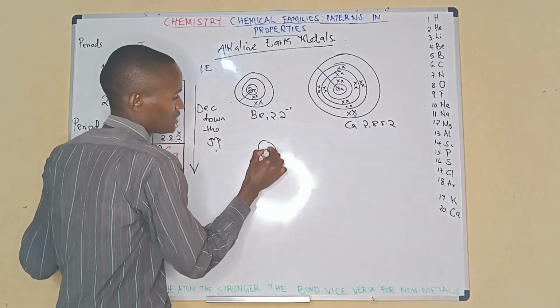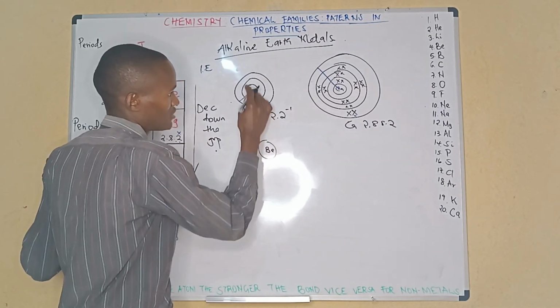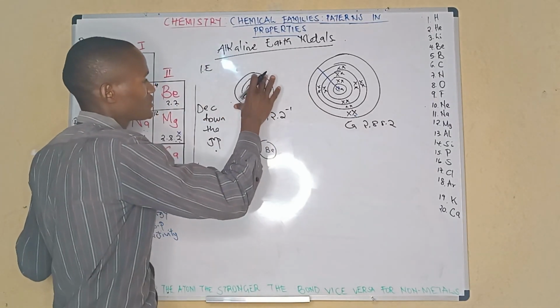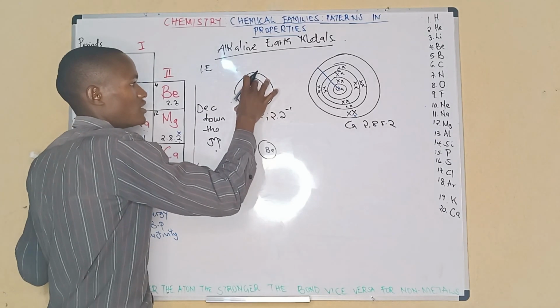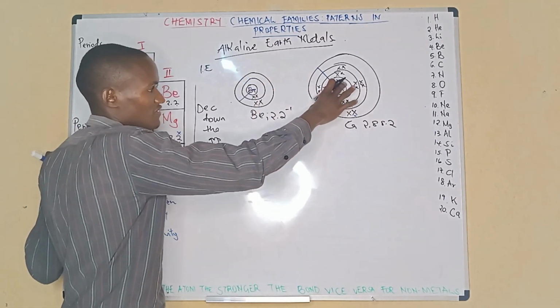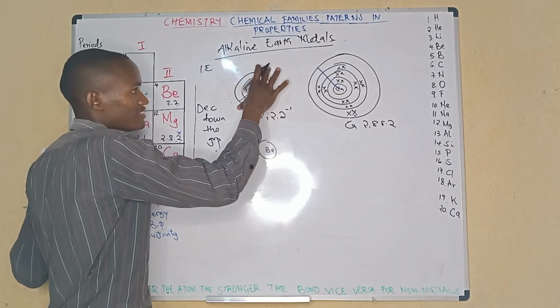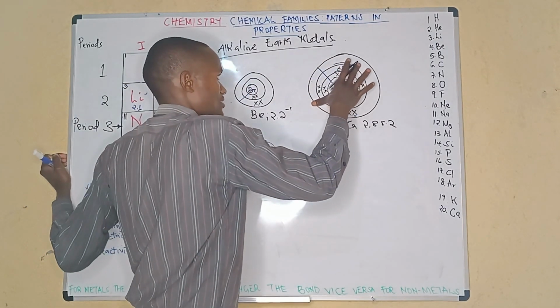Let me draw the atom of beryllium again. Beryllium attracts electrons more as compared to calcium because of its small size. The nuclear charge in beryllium is high, a high nuclear attraction as compared to calcium.